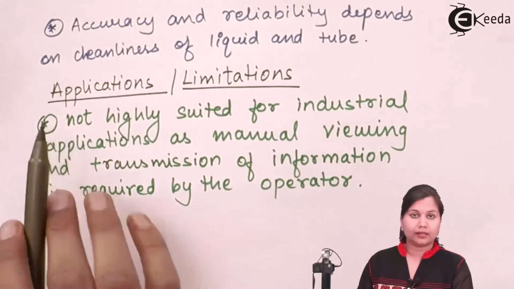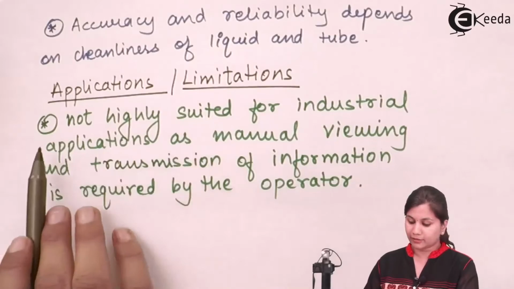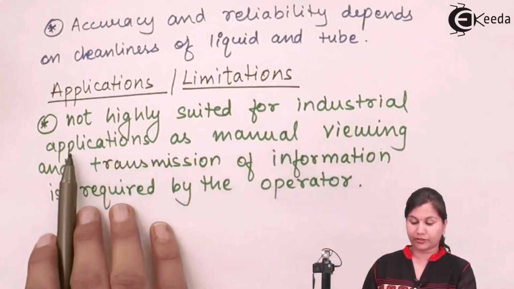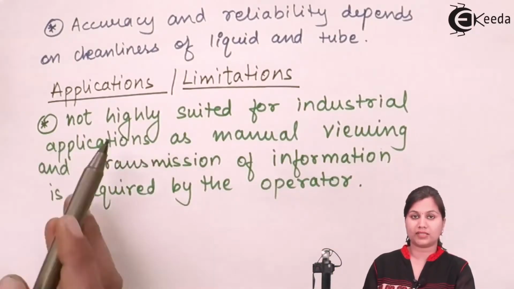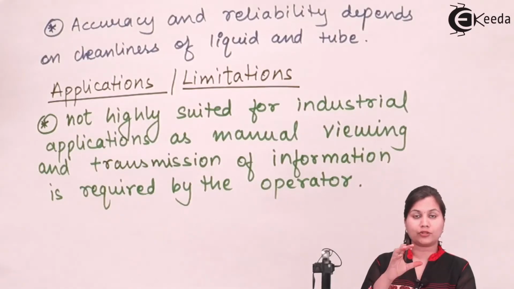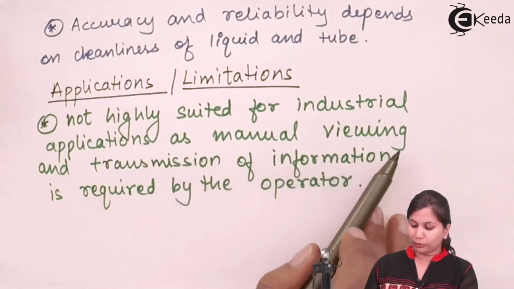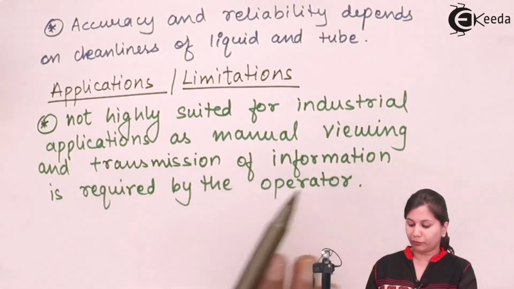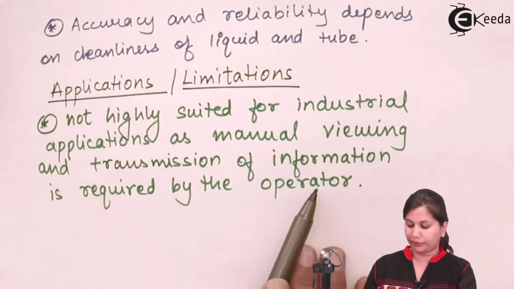So this side glass tube method is not highly suited for industrial applications, because we have seen that its major disadvantage is that the operator has to take the readings from the location where the tank is located. So manual reading and transmission of information is required by the operator.